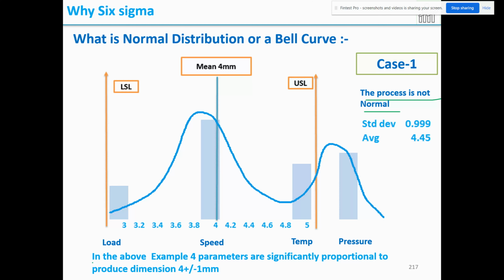In the above example, 4 parameters are significantly proportional to produce dimension 4 plus or minus 1 mm. See, this is a dimension, right? 4 plus or minus 1 mm is a dimension. 1, 2, 3, 4. That means 4 parameters are responsible for producing the diameter, but each one is set in a different way, in a different specification.